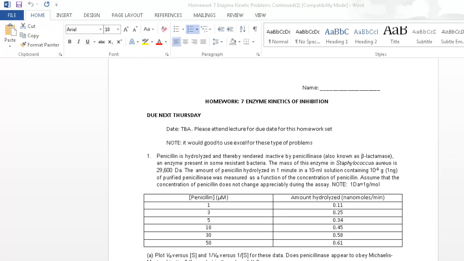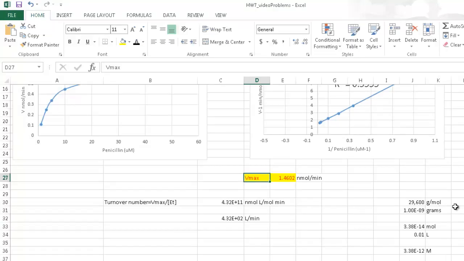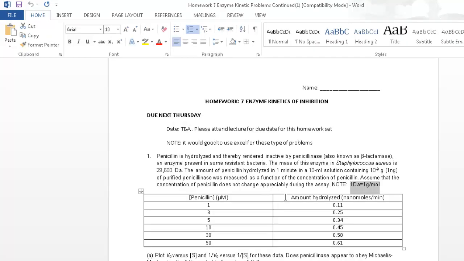So if I move back to my Excel, 29,600 grams per mole. We know that we have 1 nanogram that we worked with. That is how much of the penicillinase that we were working with. That's how much enzyme was working on penicillin to break down that lactam ring.